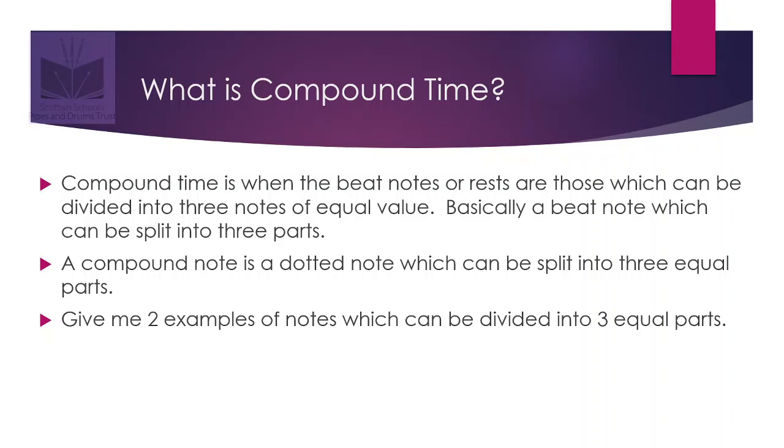Then it says, give me two examples of notes that can be divided into three equal parts. That is probably the easiest question ever, because it's the exact same. You put any single note you want, and then put a dot after it. The minute you put a dot after that note, it can be split into three.